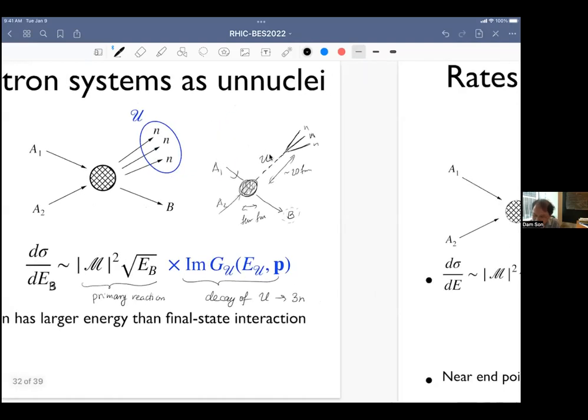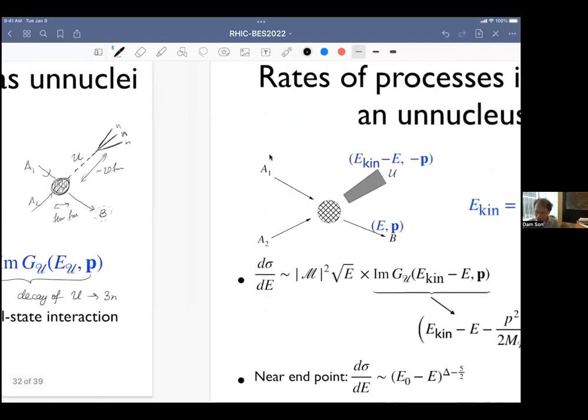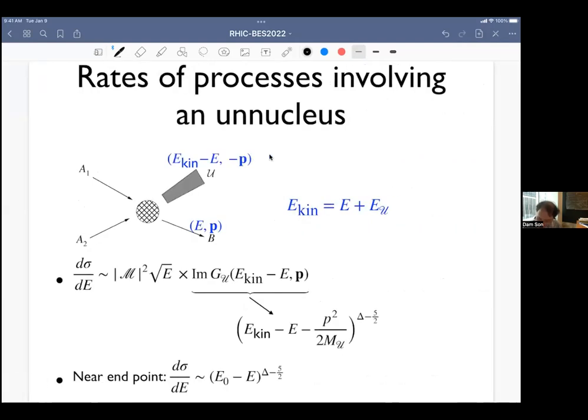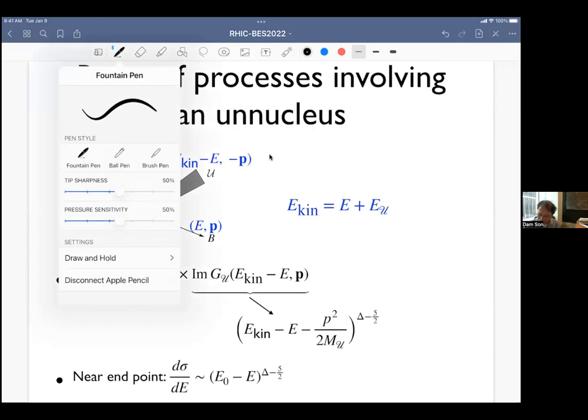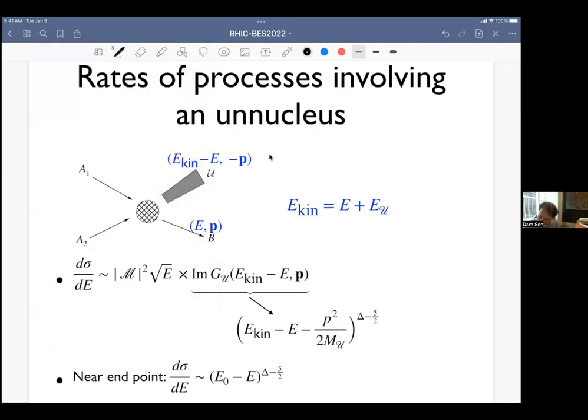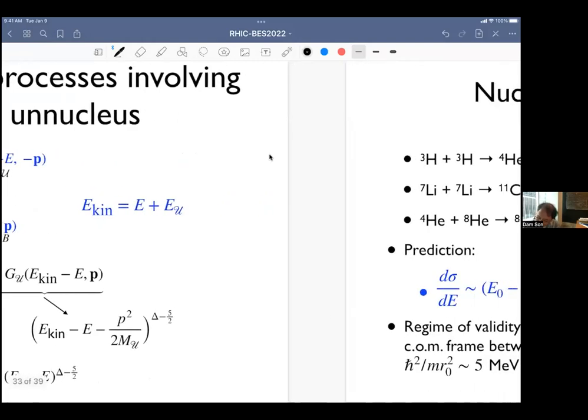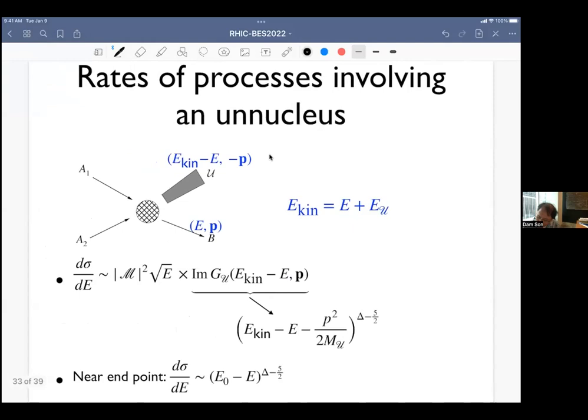So doing a little bit more algebra, we can show the following fact about the rate of these reactions. Let me draw a picture here.